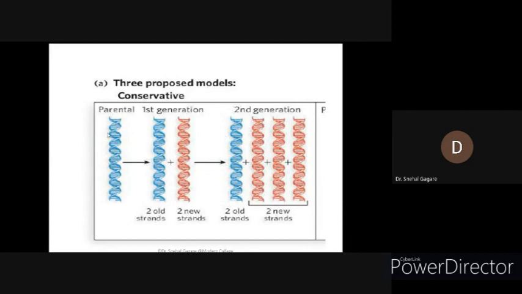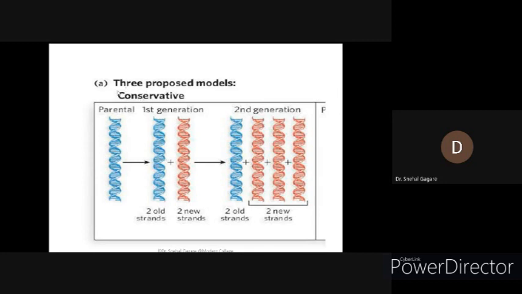So if this is our DNA strand, as DNA is a double helix, we have two strands, and these two strands are anti-parallel in nature. Means one strand is running in the 5' to 3' direction and the other is running in the 3' to 5' direction. This is what Watson and Crick had proposed.